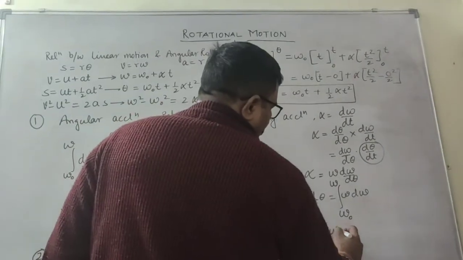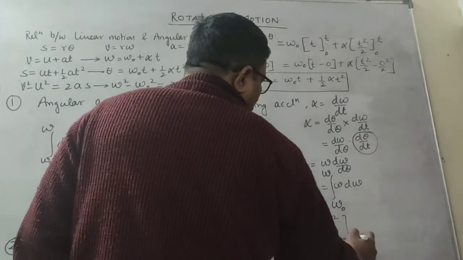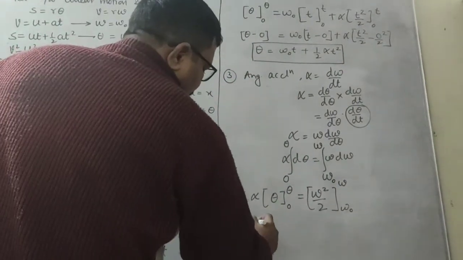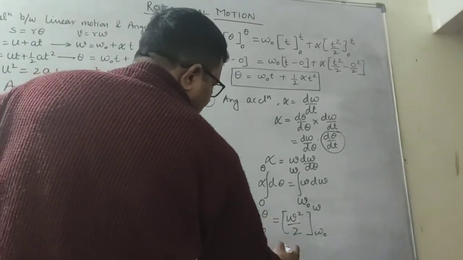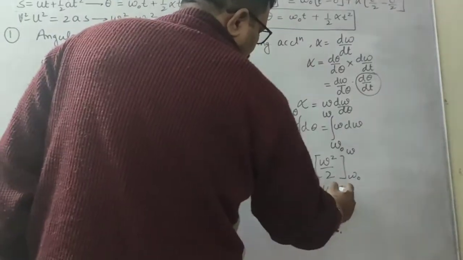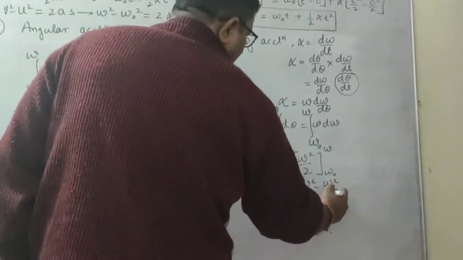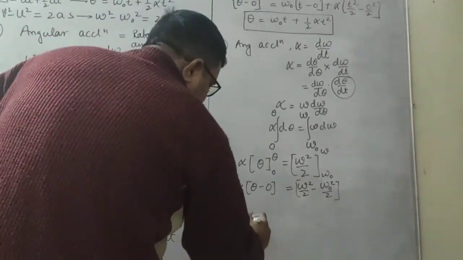So it will be integrated as omega square upon 2, from omega naught to omega. Now alpha, theta minus 0, applying the limits. Here also omega square by 2 minus omega naught square by 2. So what is left?